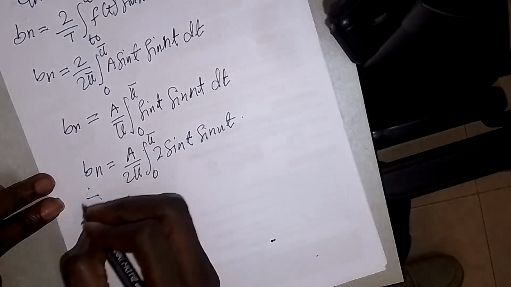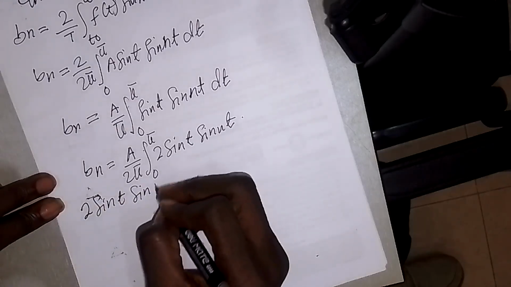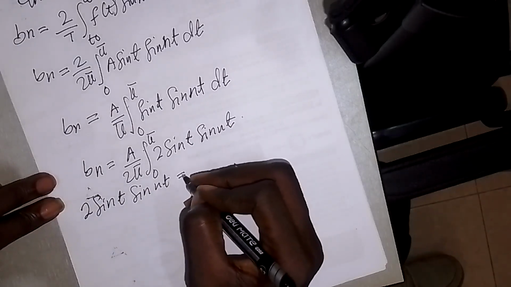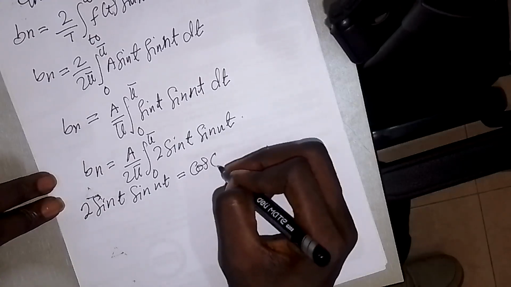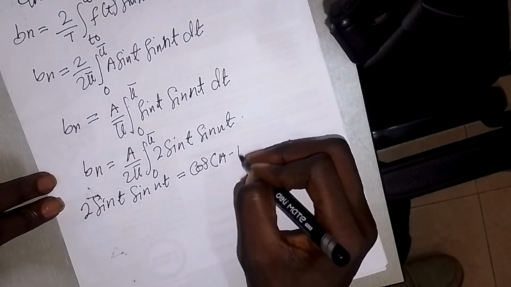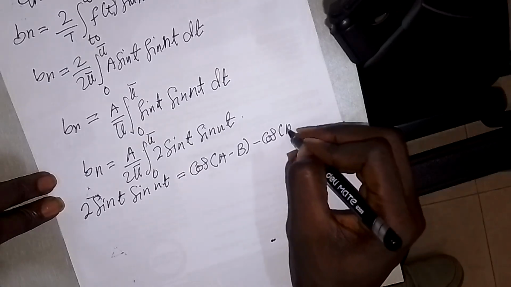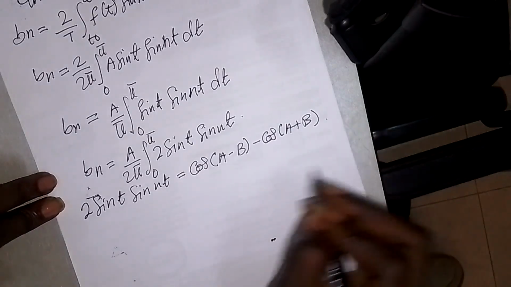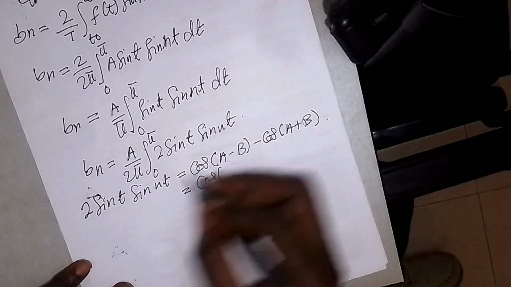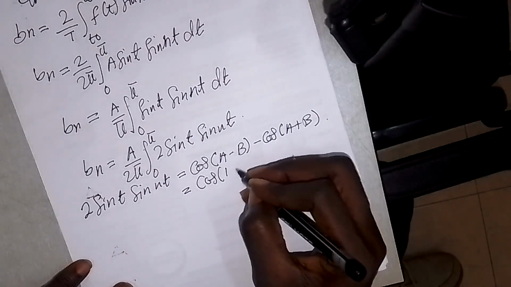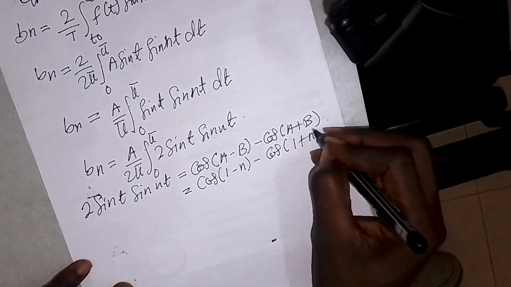Whenever you have 2 sine t sine n t, it is equal to cos(a minus b) minus cos(a plus b). So here it is going to be cos(1 minus n) minus cos(1 plus n).